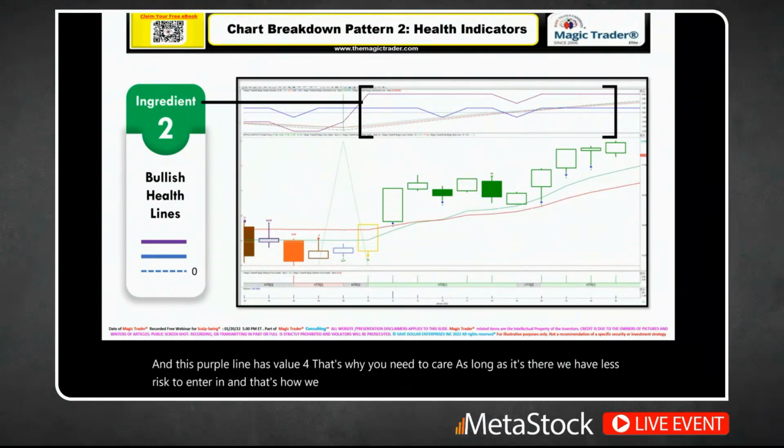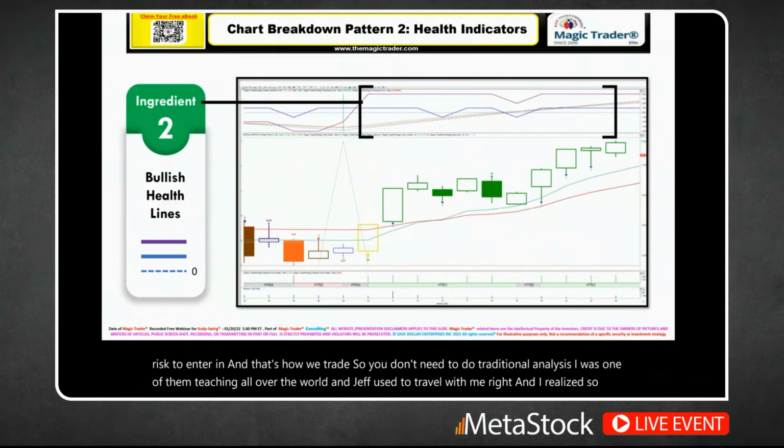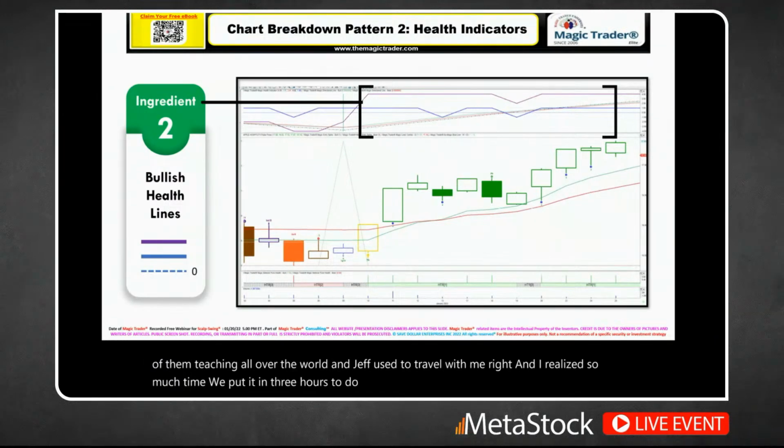So you don't need to do traditional analysis. I was one of them teaching all over the world. And Jeff used to travel with me, right? And I realized so much time we put in, 3 hours to do analysis. And by the time we're ready for the software to place the order, it's gone. The market moves ahead of us. So we'll miss the trade.